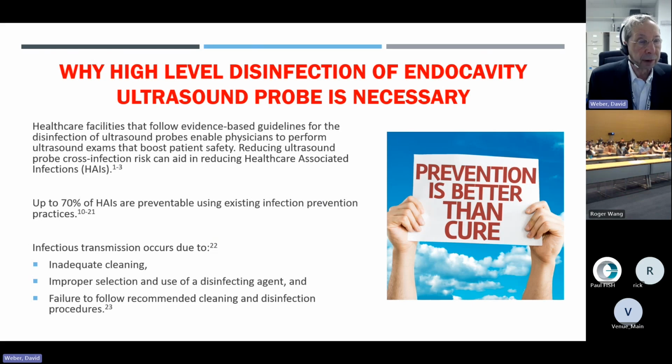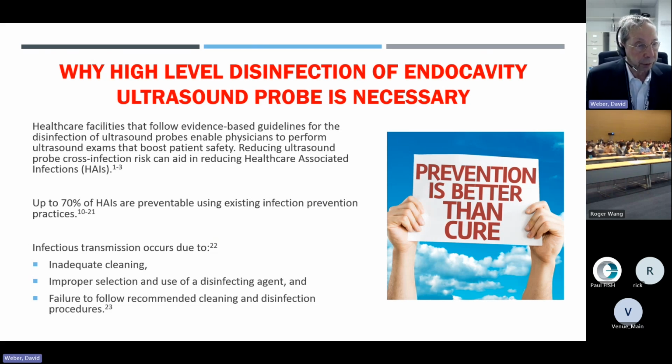So again, why high-level disinfection of endocavity ultrasound probes is necessary. Healthcare facilities that follow evidence-based guidelines for the disinfection of ultrasound probes enable physicians to perform ultrasound procedures that boost patient safety, reducing probe cross-infection risks, reduces healthcare-associated infections, and up to 70% of HAIs are preventable using existing prevention practices. Actually, for transmission from probes, if you follow the correct procedures, they'd reduce 100% of transmissions.